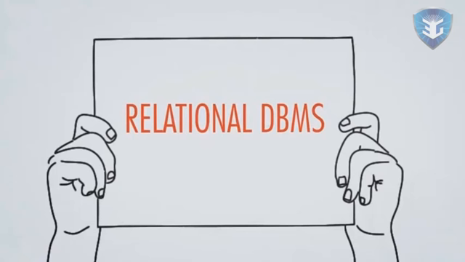Unlike the network DBMS, RDBMS does not support many-to-many relationships. Relational DBMS usually have predefined data types that they can support. This is the most popular DBMS type in the market. Examples of relational database management systems include MySQL, Oracle, and Microsoft SQL Server.